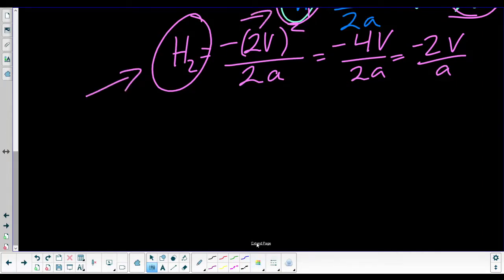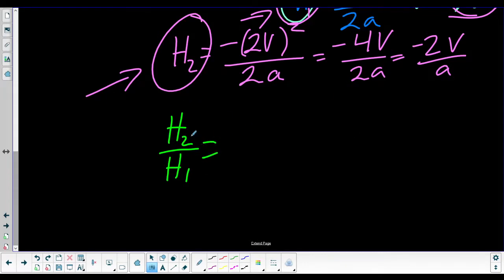So let's put h2 on top. It really doesn't matter which one's on top, but usually you want the final on top. So we'll put h2 on top, h2 over h1. This ratio will tell us how much bigger one is than the other. And you'll see what I mean at the end.